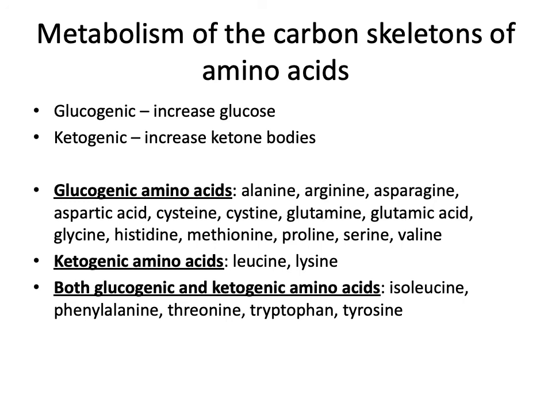Then there's a list of those that are considered both glucogenic and ketogenic amino acids, and that's for the reason I mentioned a minute ago, that part of the molecule, when it's broken down, can feed into pyruvate, and the other part of the molecule goes into some other intermediary in the TCA cycle.